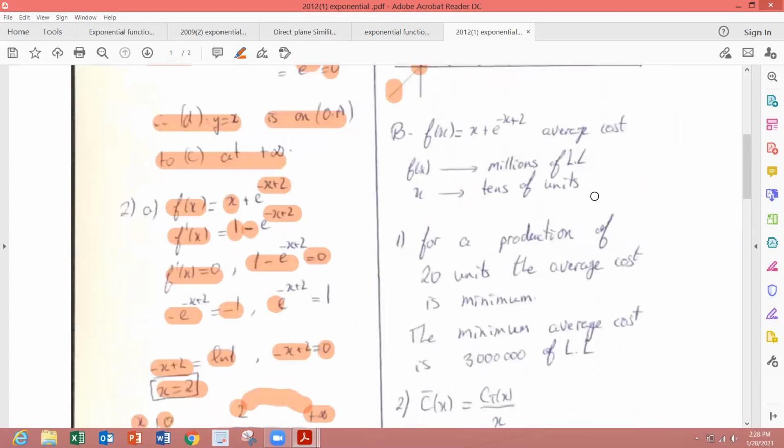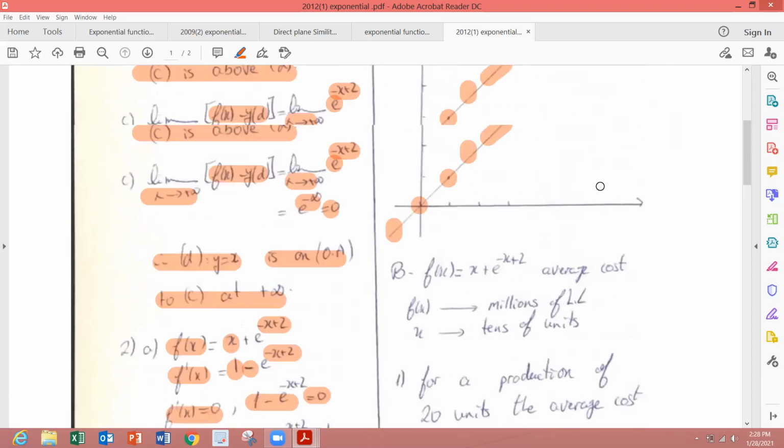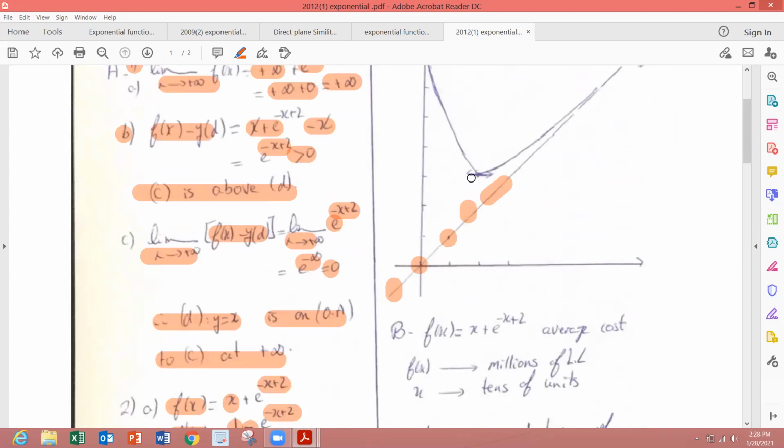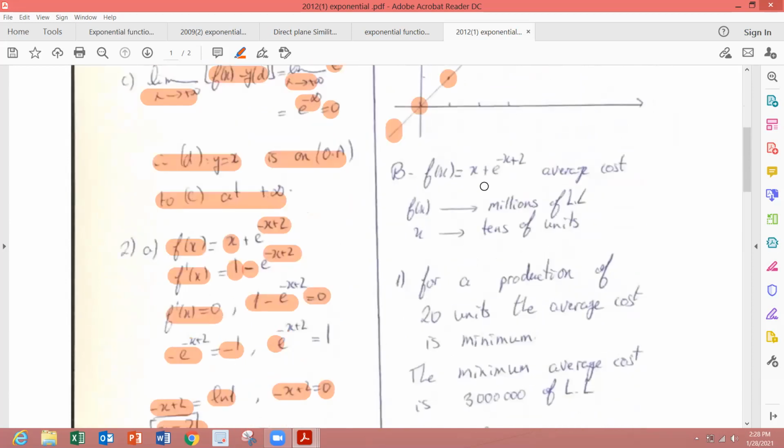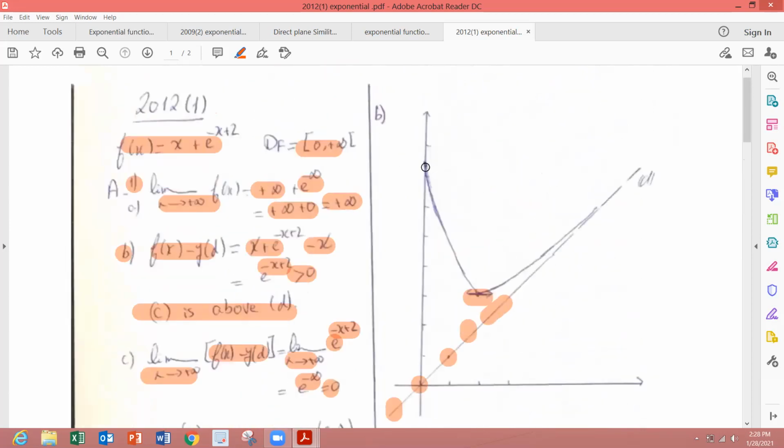The minimum point is 2, 3. This is the minimum point, 2, 3. It starts from the point 0, 7.38. This is 0, 7.38 at this point.